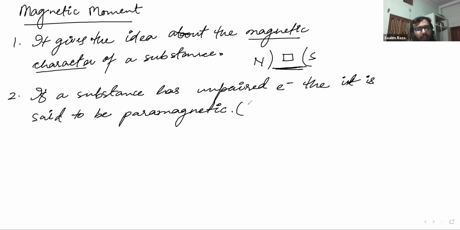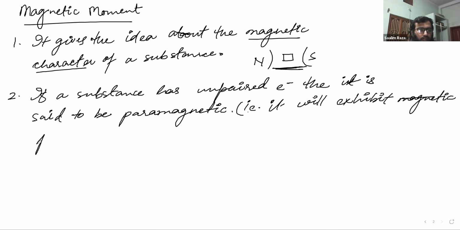What does paramagnetic mean? It means that it will exhibit, fancy way of saying show, it will exhibit magnetic properties.